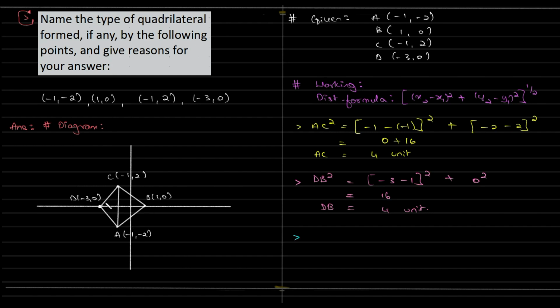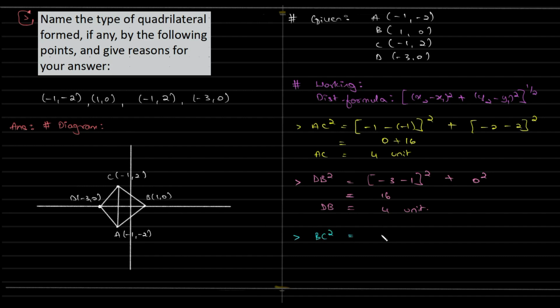Now if I find adjacent sides and they are equal, it's a square. All the sides are equal, not opposite. If I just find opposite sides, you won't be able to judge the figure. It has to be adjacent sides that are equal. If they're not equal, then it's a rectangle. So it's a win-win. By doing less calculation, we are finding a lot of information. That's the whole idea: reducing the calculation.